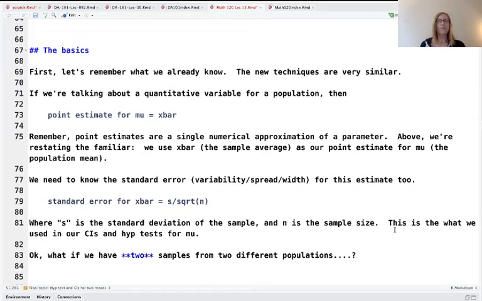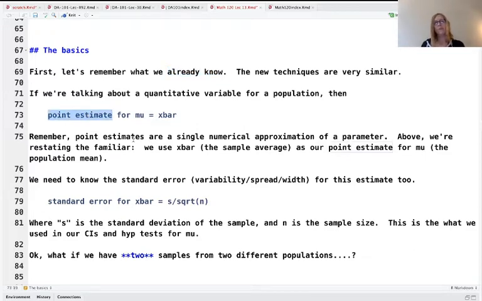Okay, first, the basics. I want to take a little bit of time to remember what you already know, because this new stuff that we're doing is just an extension of that. We've already talked about quantitative variables for a population, and you guys know all the details for that stuff.